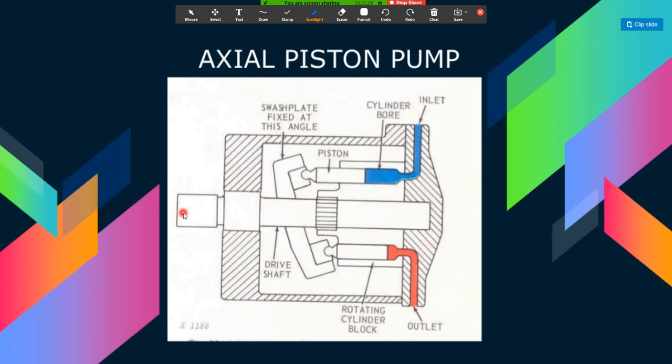And to understand the operation, we will discuss the pump fitted on a Ford tractor. The pump uses six axial pistons, all of which complete a pumping cycle for each revolution of the pump shaft.